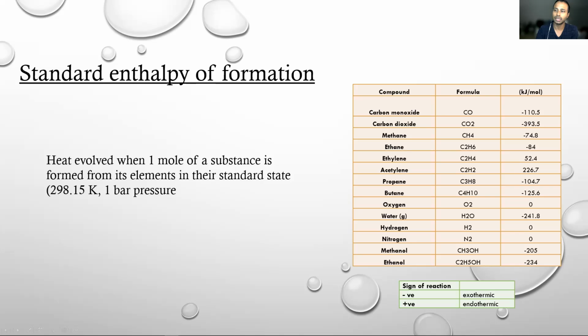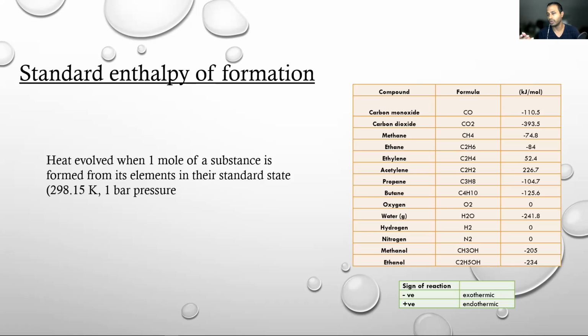And on the right, you see this table, which shows you the enthalpy of formation of all of these species. The negative sign means it is an exothermic reaction. The positive means an endothermic reaction.